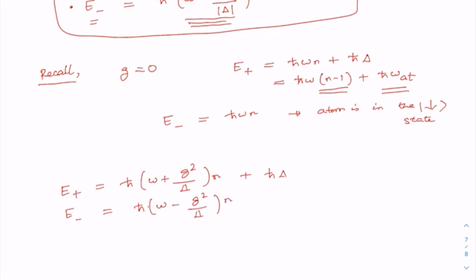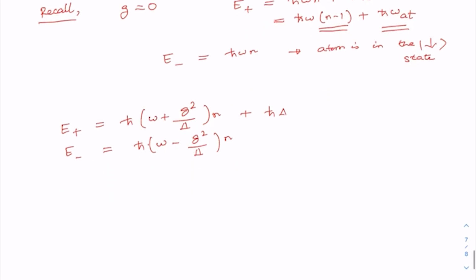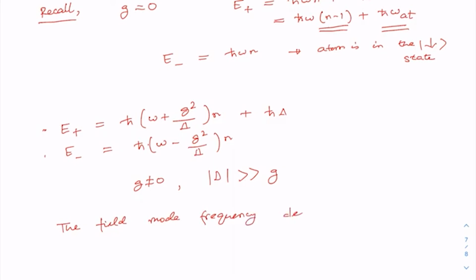What we can find is that in the dispersive case, when z is not equal to 0 and the detuning is much greater than the coupling parameter, the field mode frequency, as you can see from these two expressions, clearly depends on the state of the atom.